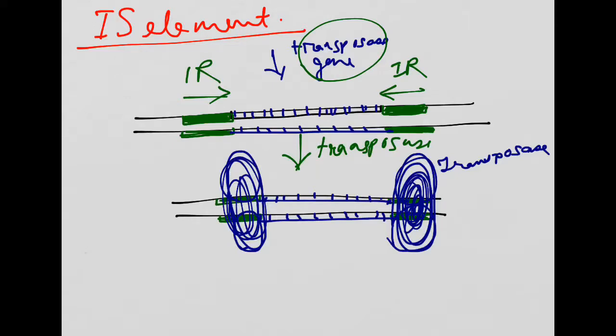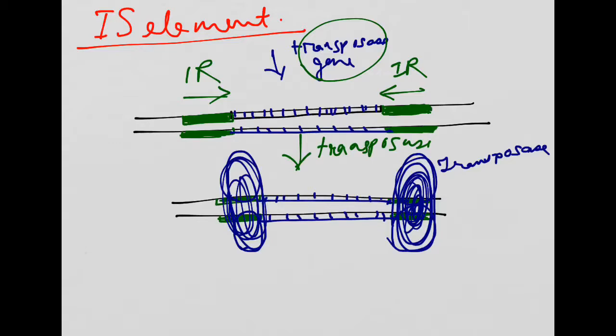These are specific for a particular IS element. This IS element will have a specific sequence, and a different IS element will have a different sequence for the inverted repeats. They will be specific for a particular IS element.